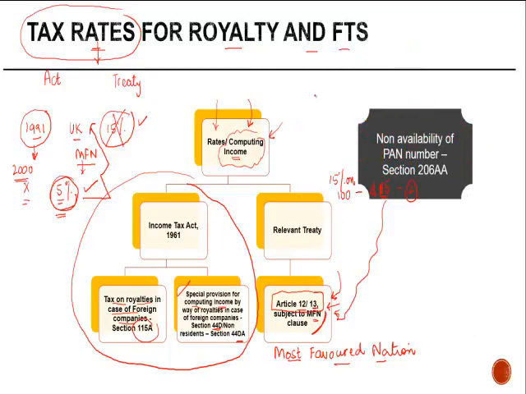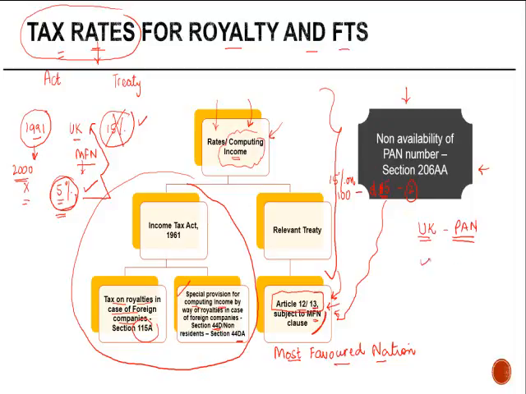Now, while we've discussed all these things, there is one more point which you need to see when you ascertain the withholding tax rate for the payment of royalty and FTS. Under the Indian laws, section 206AA, and of course we are going to discuss this in detail, provides that in case the non-resident recipient, so let's say the UK person, does not have a PAN number in India, then the tax rate is not going to be the 10 or 15% as is given in the treaty.